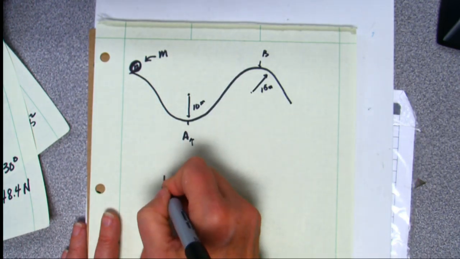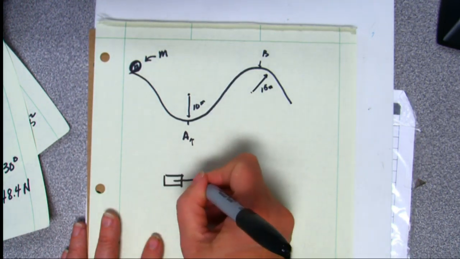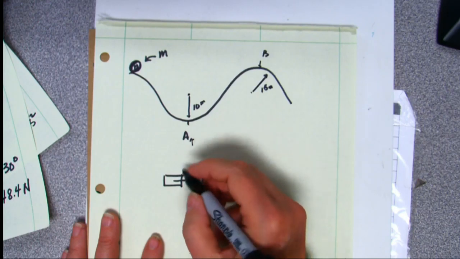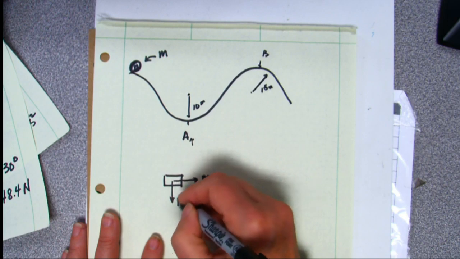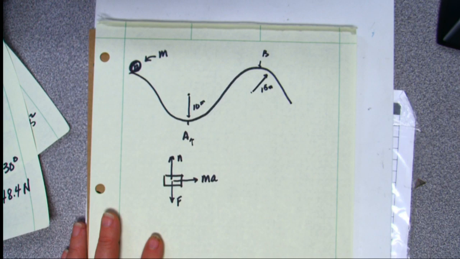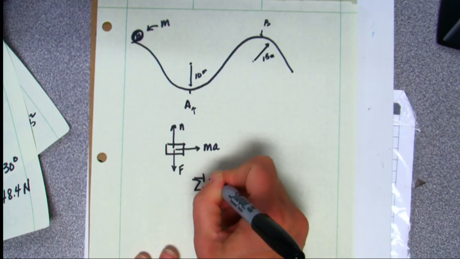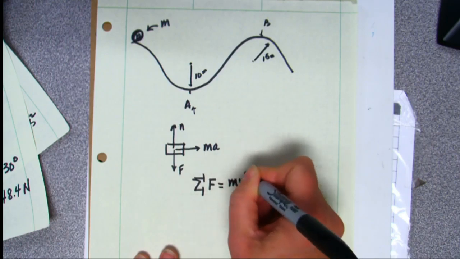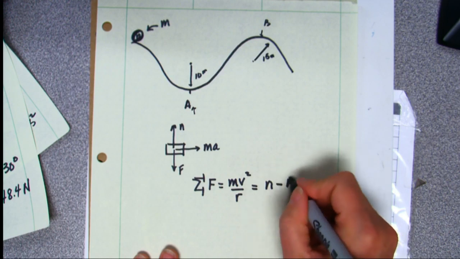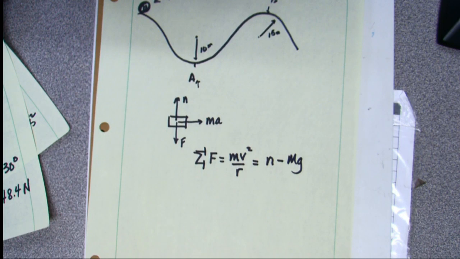So at point A, I'm going to draw my free body diagram. The car will be moving with a mass times acceleration. I've got the force on the track, and I've got the normal force. Doing my summation of forces, I'm going to have mv squared over r equal to n minus the mass times gravity.